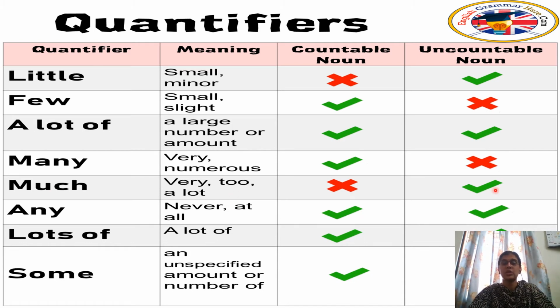In that case, you use much before an uncountable noun. Any. Any means never at all. Here any can be used both with countable nouns and also with uncountable nouns. Lots of. A lot of. We can use it both with countable nouns and uncountable nouns. Some. An unspecified amount or number of, we use it before a countable noun.